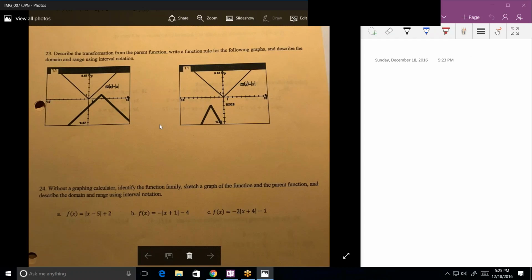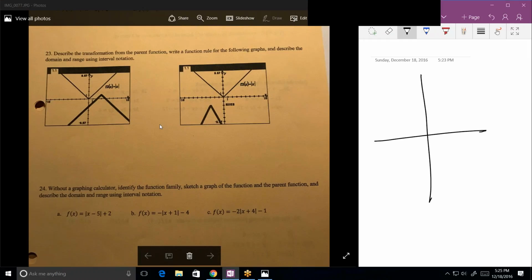Well, it's not just a reflection, but it's a reflection combined with a horizontal shift combined with a vertical shift. If I was doing just a reflection, I would take that line and turn it into that line. The line we're looking at has more things happening to it. Is it the same shape? In other words, is it skinnier or flatter than this one?